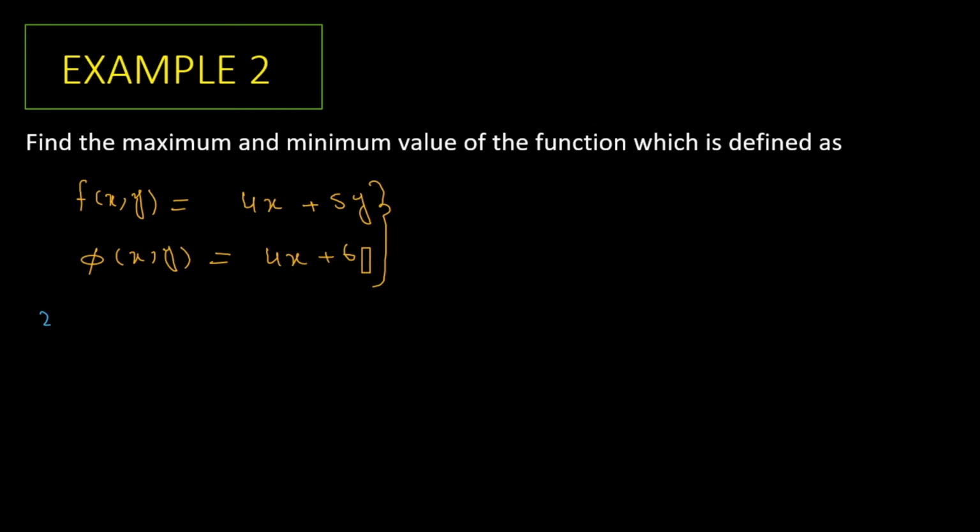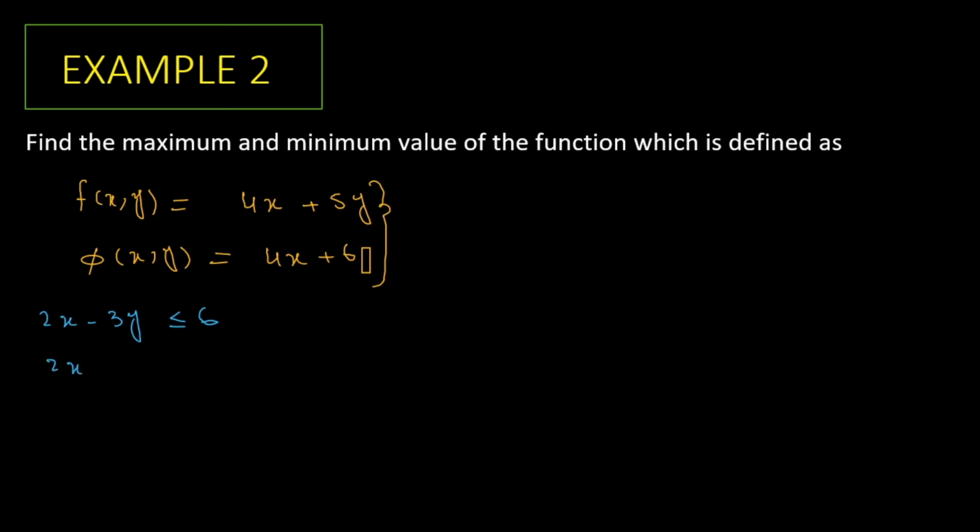2x minus 3y is less than or equal to 6, and the second is 2x plus y is greater than or equal to 2.